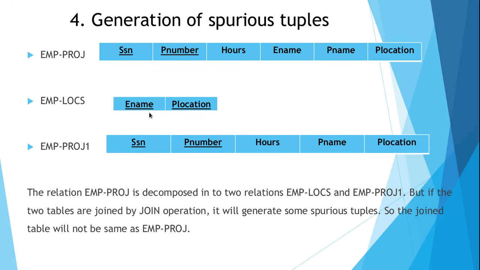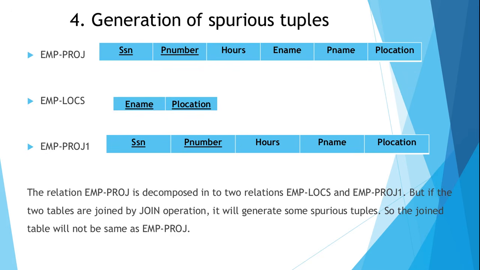Here in the employee location relation, both employee name and P location together form the primary key. So independently or individually they may not be unique. Together they form the primary key. Whereas in employee project 1, project number is the primary key. Spurious tuples occur in a join operation, because in a join operation we compare the attribute values of two relations.